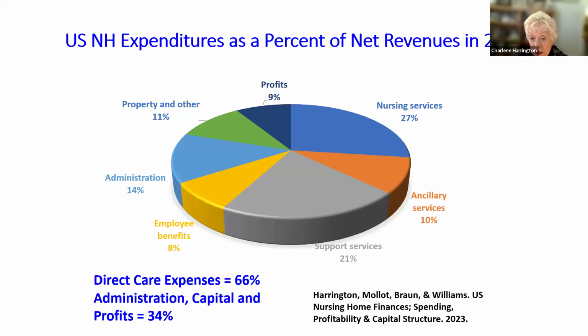And I think this is the only way to really bring accountability to nursing homes. And if CMS were to require greater transparency on the cost reports, audits, and accountability, we would see a lot of these bad actors get out of the nursing home business. Next slide.